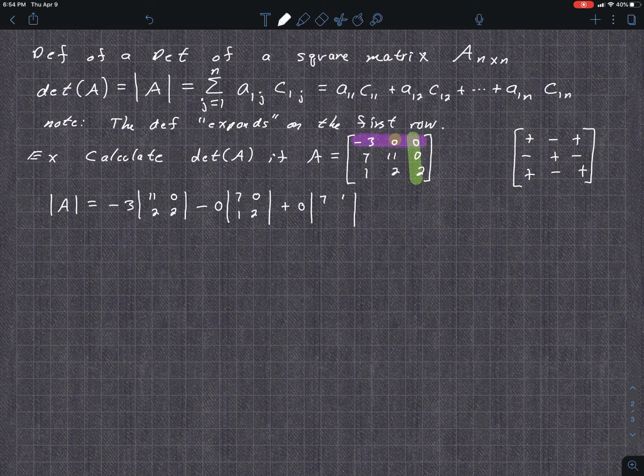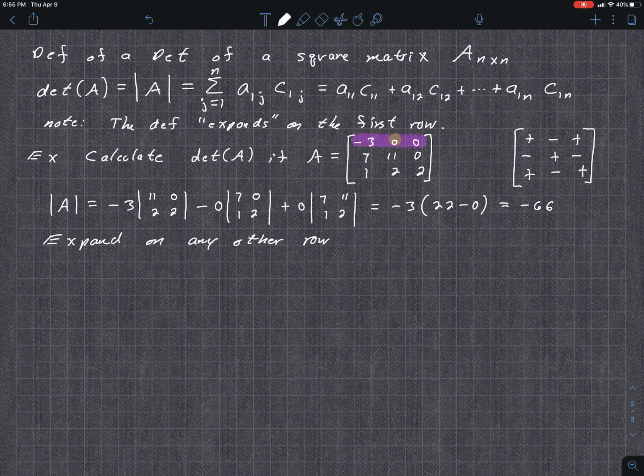What's left is 7, 11, 1, 2. So do that calculation and you get -3, and then you're doing 22 minus 0. So that would be -66, it looks like.